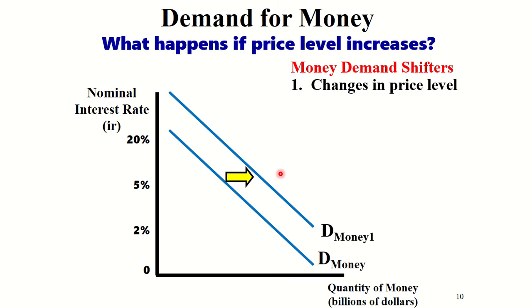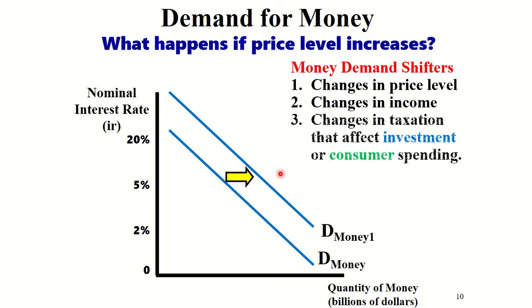So there are shifters, right? And I always talk about money pit, right? We're going to talk about price level, we'll talk about income, and we'll talk about taxation, right? So an easy way to remember it is a money pit, P-I-T: price level, income, taxation, that affect investment or consumer spending. So changes in the price level. If the price level increases, right, demand is going to increase. Changes in income, right? If your income increases, you're going to demand more money to go buy things.